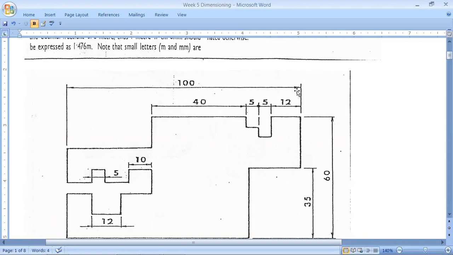The projection line goes from this side to this other side. Make sure it never touches the drawing outline. You have to leave a little gap between 1 to 1.5 to 2 millimeter. Never touch the drawing with the projection or extension line.